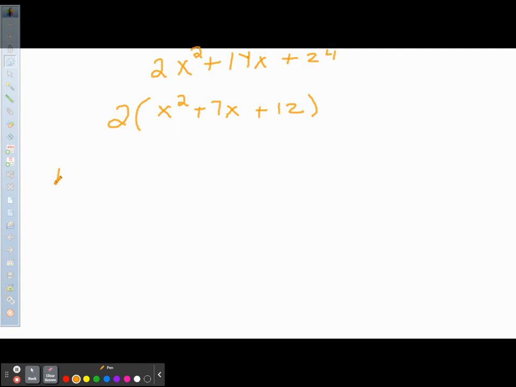Okay, so now we have to find factors of 12 that have a sum of 7. So let's list out all the factors of 12. Morgan, what's one pair of factors? 3 and 4.